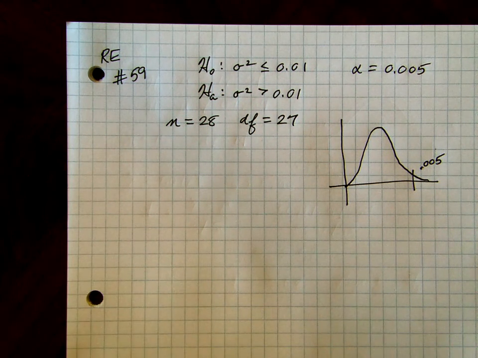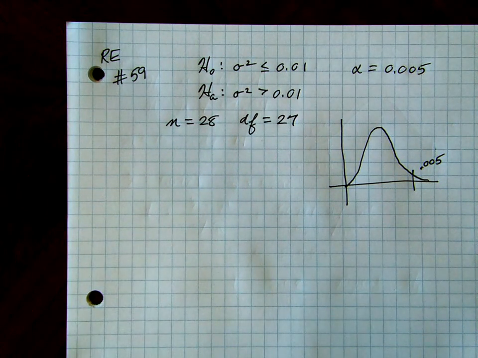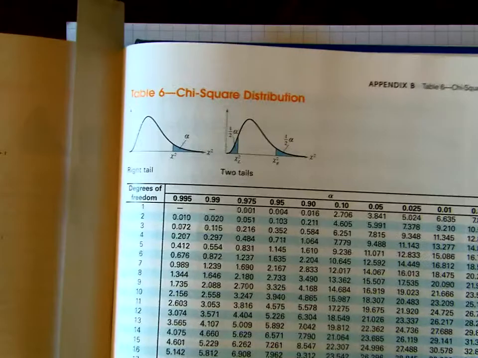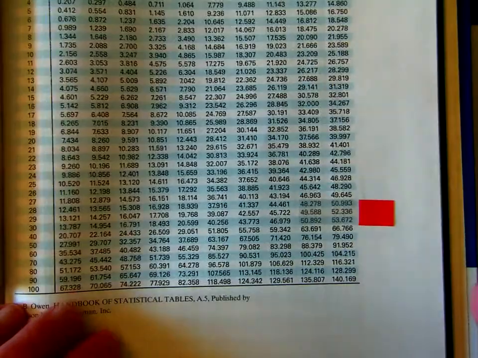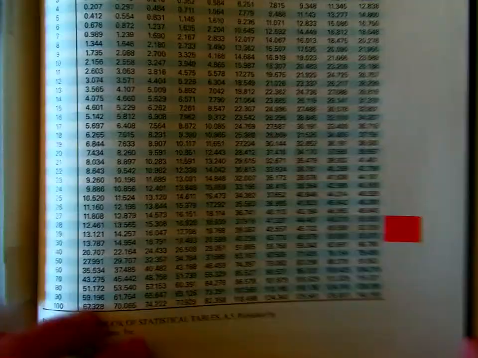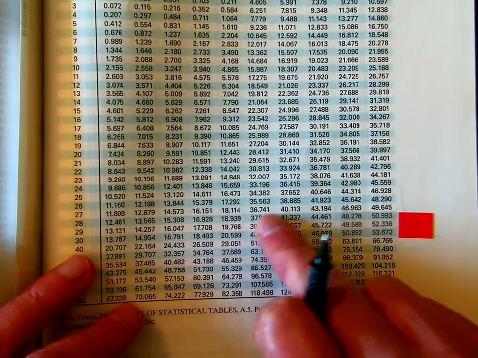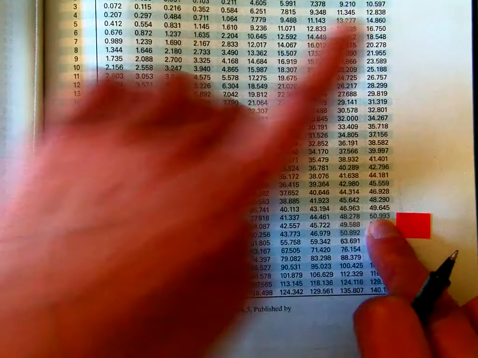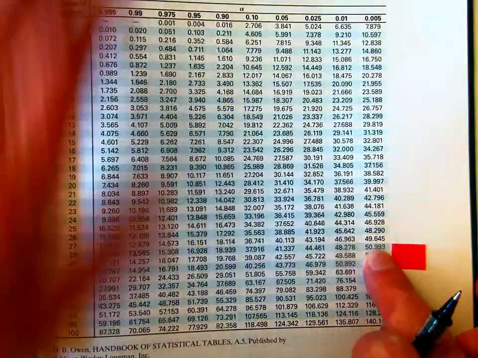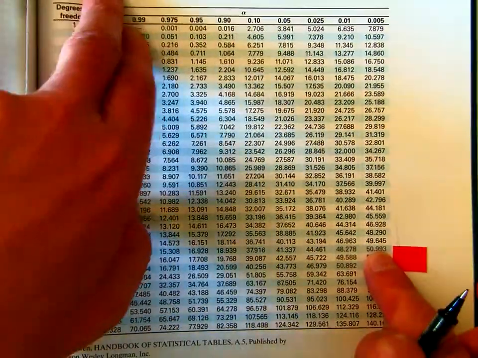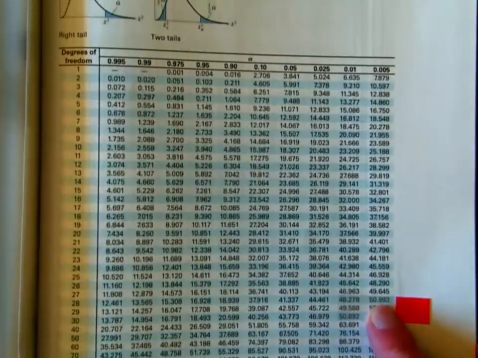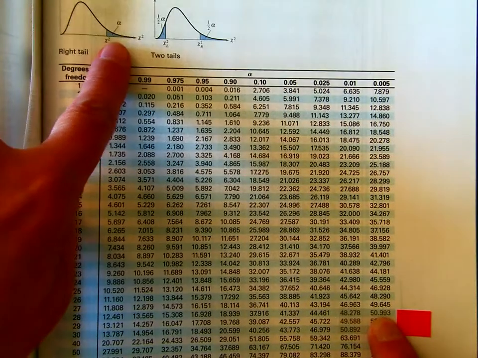If we go hunting in our tables to see where that comes up, it's table 6 for chi-square, and you will notice that if we are checking for 27 degrees of freedom and 0.005, okay, for the right end tail, that's what we want.